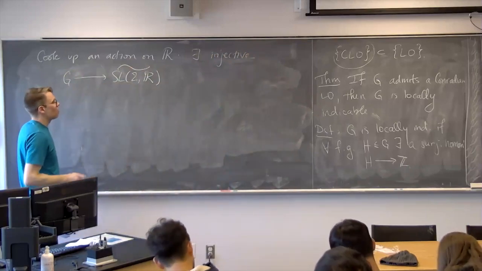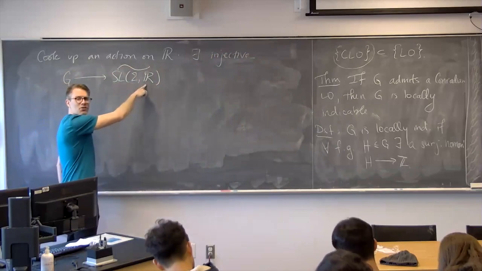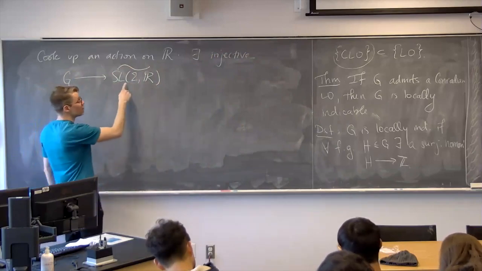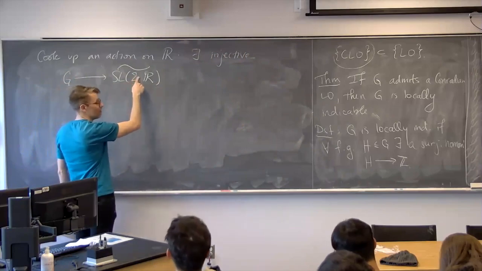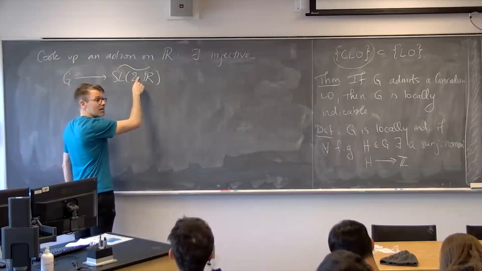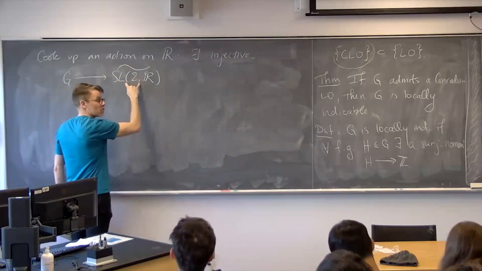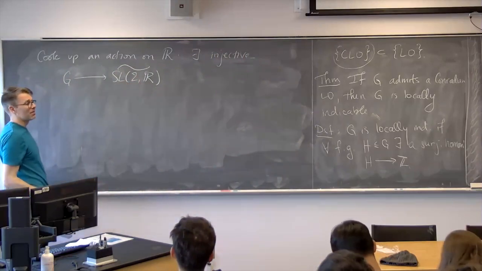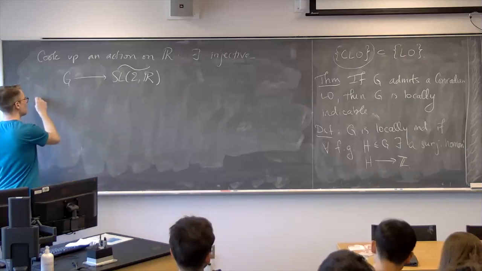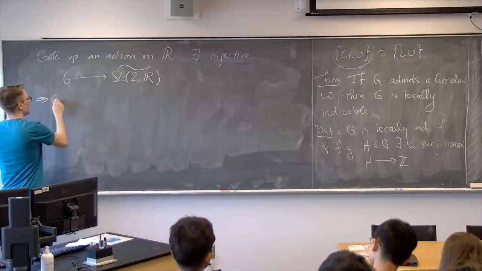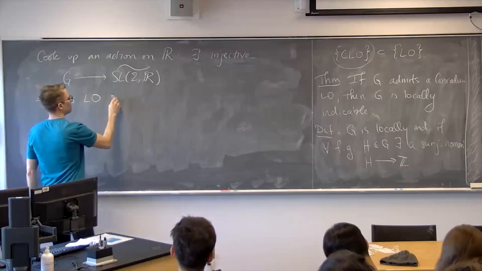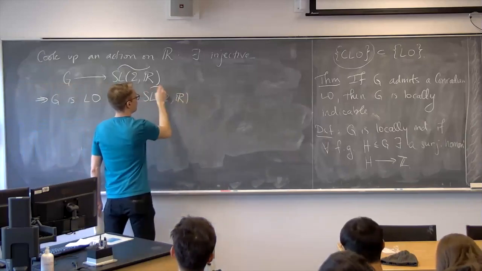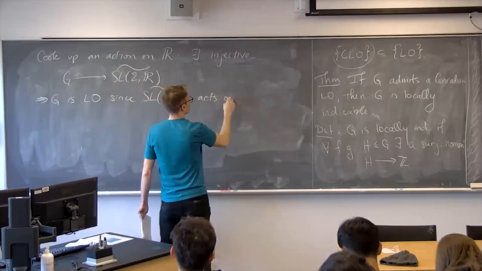And we sorted out yesterday at great length that SL2R acts on the circle. Great. And then you can look at the universal cover, and that's going to act on R. The action on R makes this left orderable, and the embedding makes this left orderable. But I'll leave it at that. So G is LO since it acts on R. Okay.